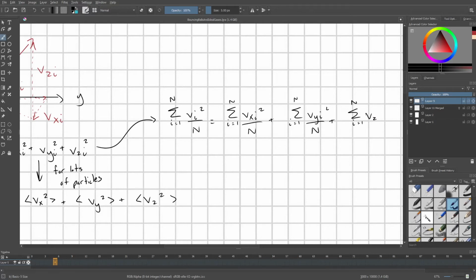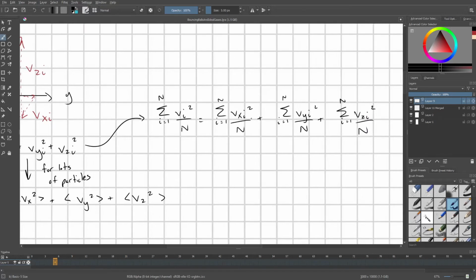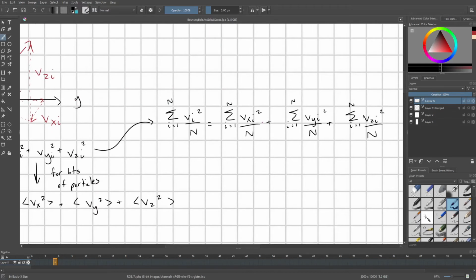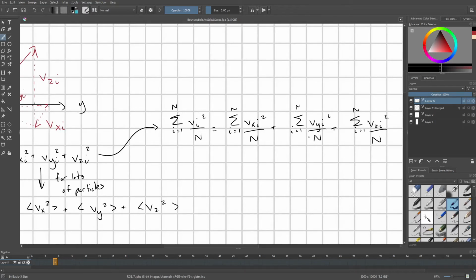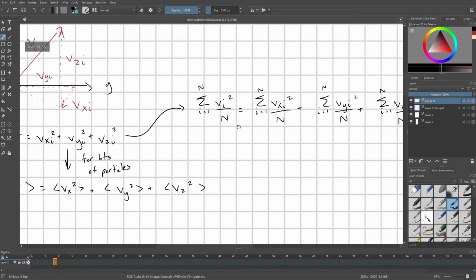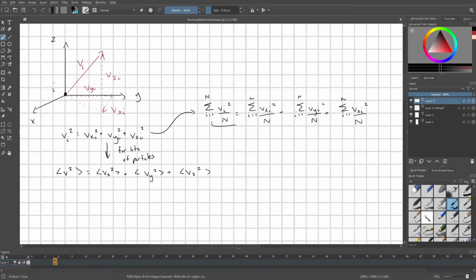Oh, whoops, this should be a z. There we go. All we've done is recognize that once we have this for one particle, we can sum these up and then divide by the number of particles, and the left and right sides of our equations will still be equal. Then we just notate these as such.